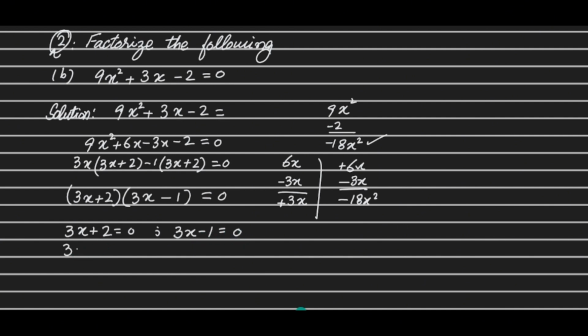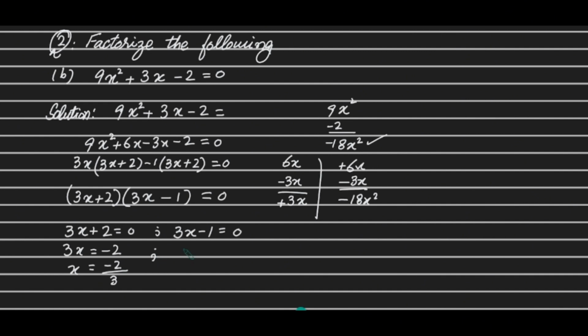From here we get 3x equals minus 2, moving 2 to the right side. We get x equal to minus 2 over 3, since 3 is multiplied by x, on the other side it becomes divided by 3.